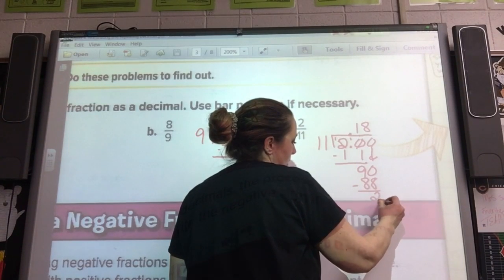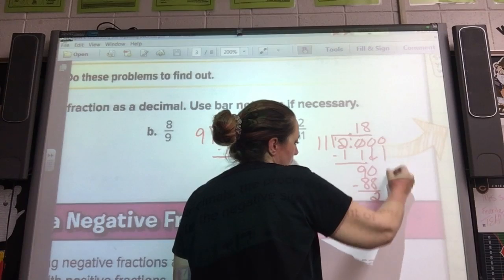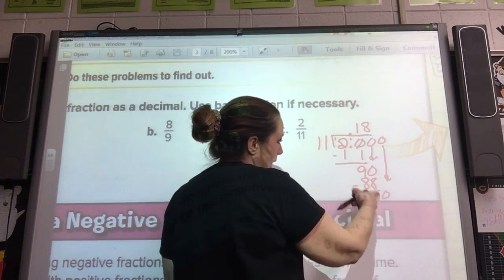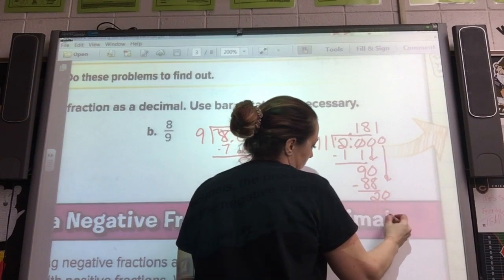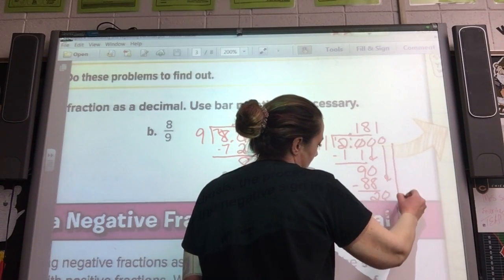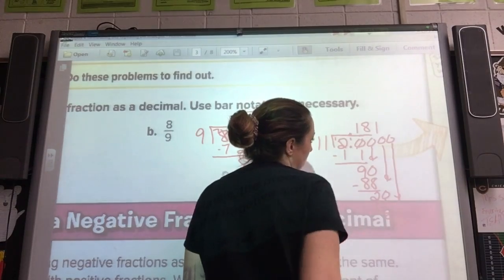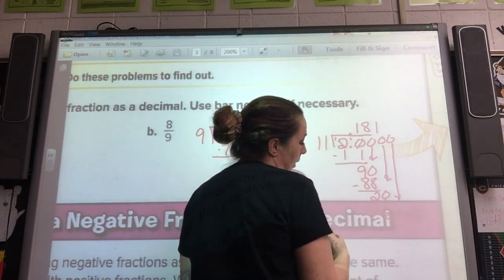And 90 minus 88 is 2. Now we got 20 again. So let's see if we start repeating here. We get 9 and a 0. So this is going to start repeating the same pattern as well.